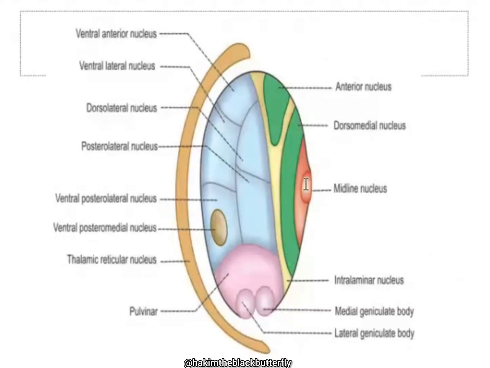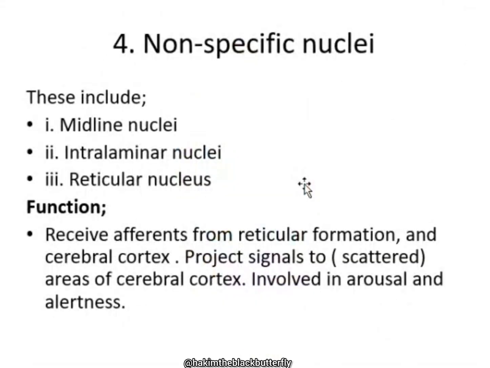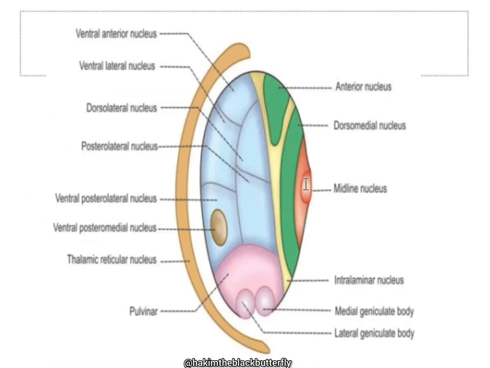Those are the ones called non-specific nuclei, because they go to all areas of the cerebral cortex. Specific, for example, information from the lateral geniculate body goes to the occipital lobe, but the non-specific ones go to all lobes of the cerebrum to awaken it.